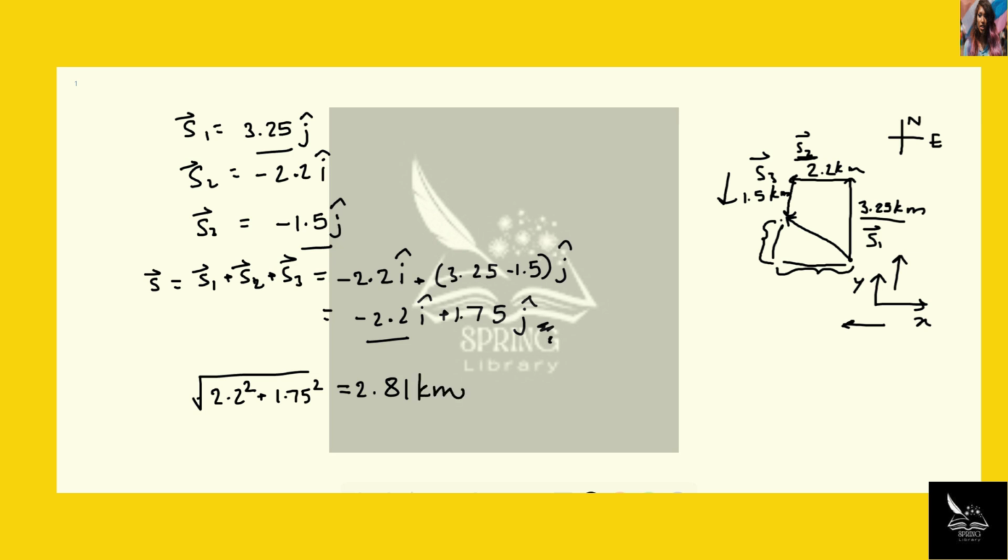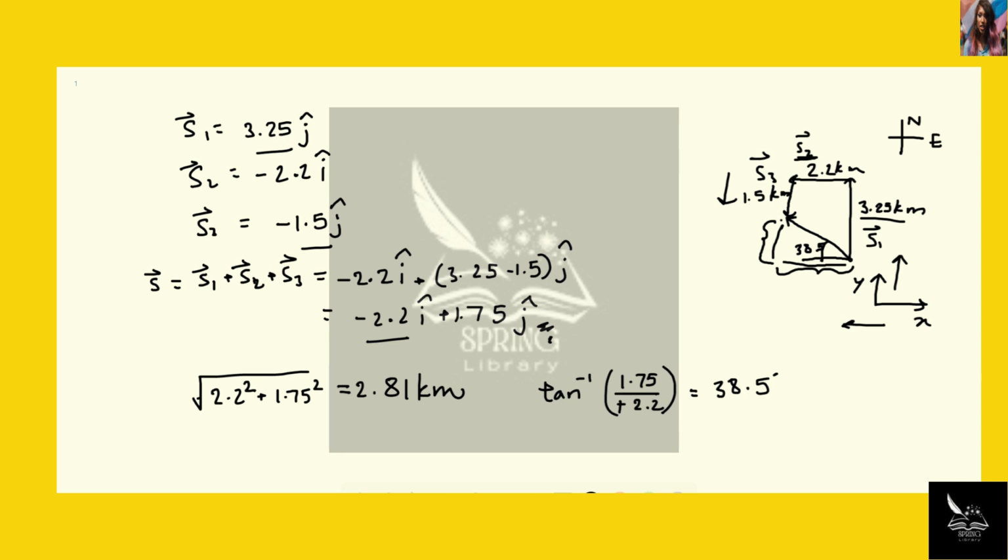Now, if we try to find the angle, it would be tan inverse of y component by x component, which would be 1.75 by minus 2.2. Of course, if we use plus 2.2 here, we get 38.5 degrees, but this angle would be the angle it would make with the negative x-axis.